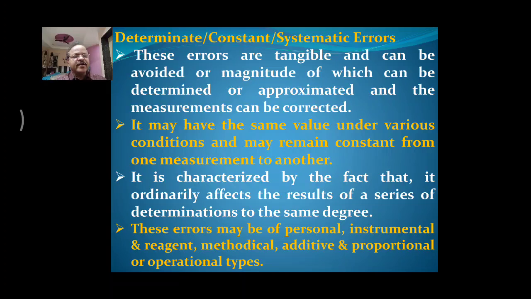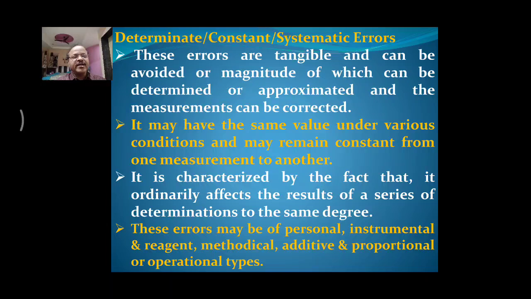If we take the readings more than one time, and if we find the same error, then these errors will be considered as determinate errors. It is characterized by the fact that it ordinarily affects the results of a series of determinations to the same degree.